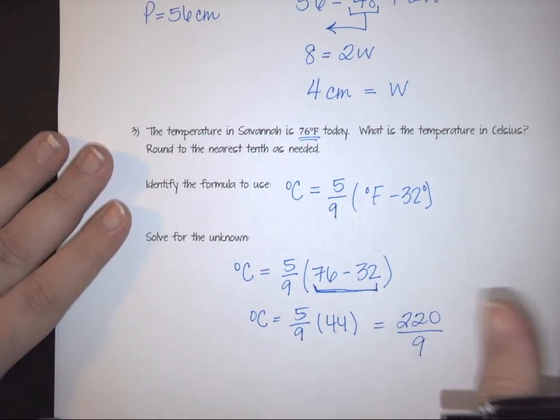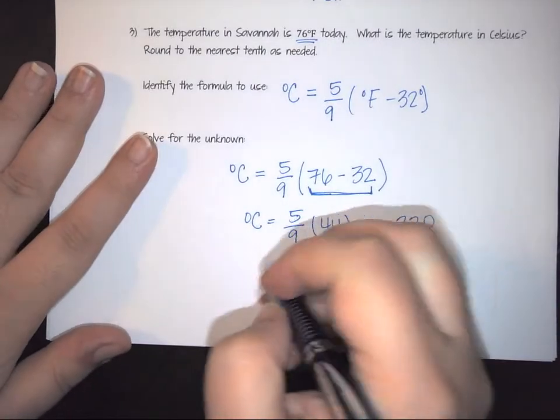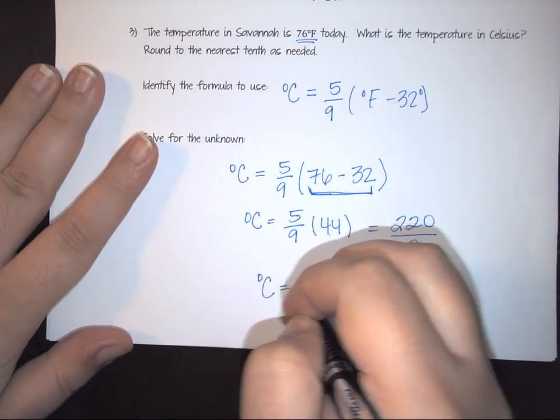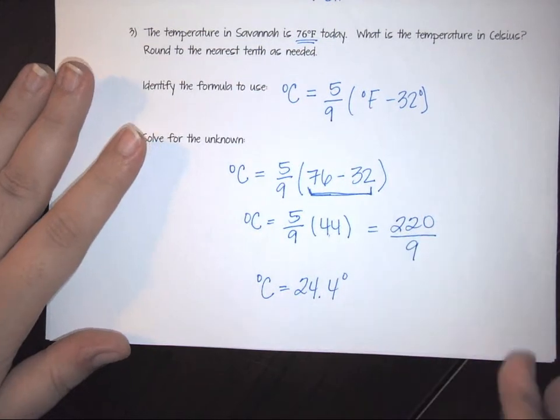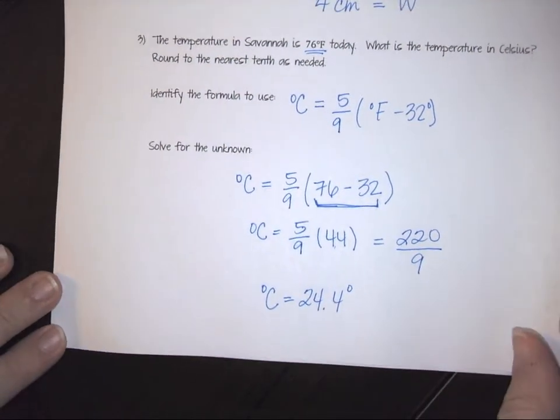So then we can divide that by 9, and we're going to end up with my degrees Celsius was 24.4. Okay. So again, it comes down to being able to know the formula you have to use and then solving what you need from there.